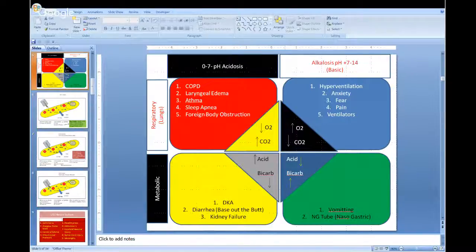Because in addition to having CO2 levels high and CO2 levels being low, we're also blowing off a third type of gas. Do you remember the third respiratory gas we talked about in class? Nitrogen. Nitrogen, yep. It's going to blow off nitrogen, and it's going to throw off the oxygen CO2 respiration cycle, because nitrogen plays a role in that, and that will also be gone when we're manually ventilating somebody.